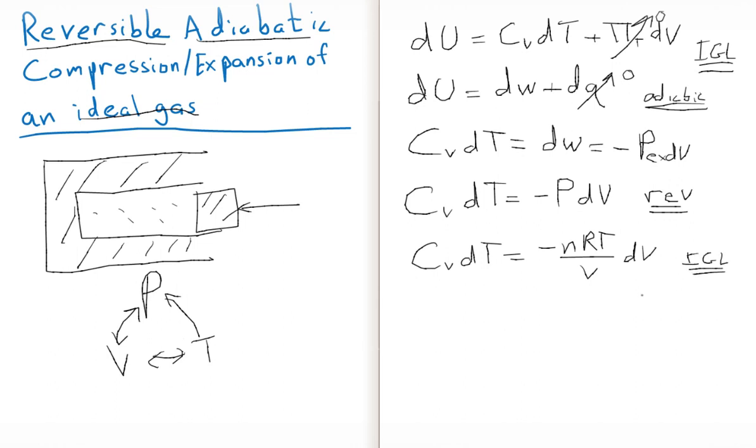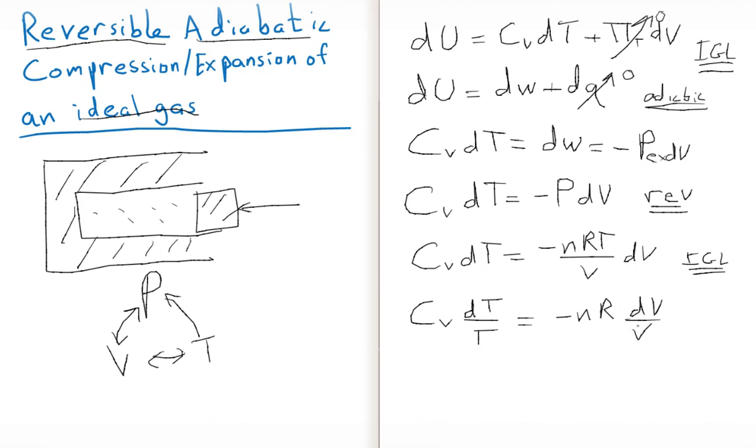Okay, so now you say, okay, I've got two variables on this side, so I'll divide both sides by T. So I'll get C_V times dT over T. And on the right-hand side, I'm just going to have negative nR times dV over V.